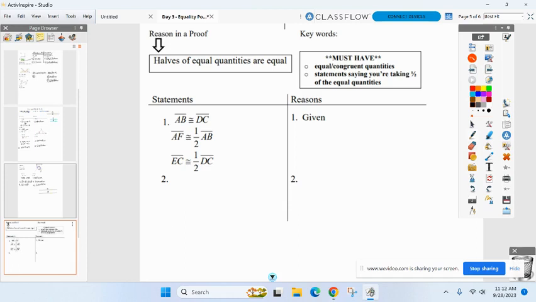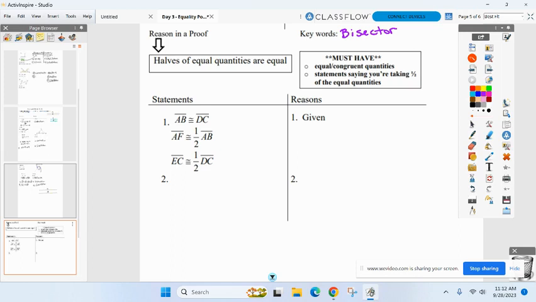And time. Any group confident in one of the words? Bisects. Bisects, yes. If I see the word bisector, here we go. Keywords, bisector. If that word pops up in the givens, I'm going to use halves of equal quantities are equal. Not addition, not subtraction. Halves of equal quantities are equal. Anybody?